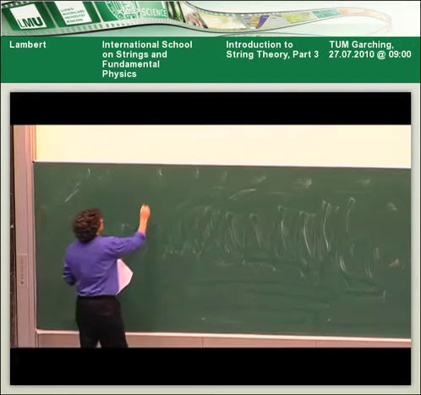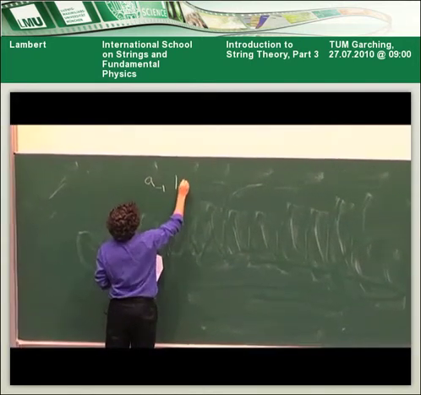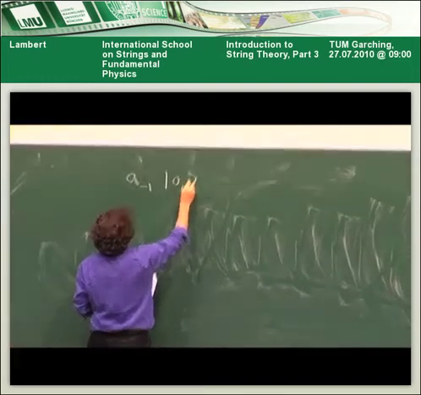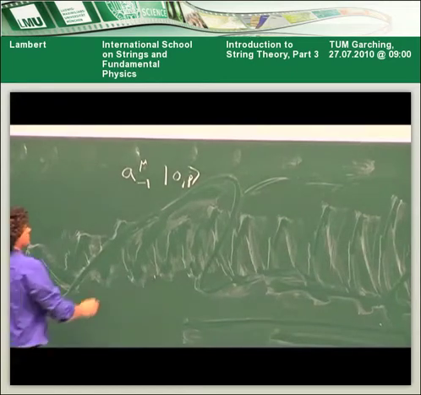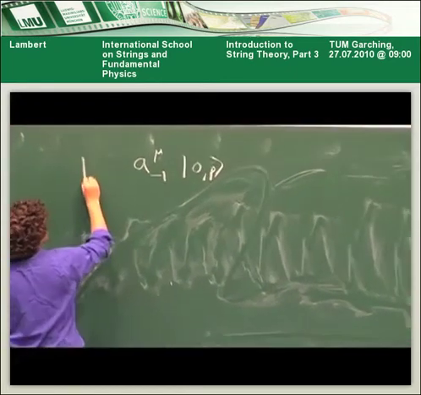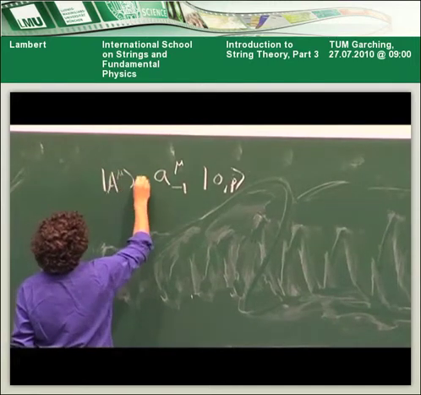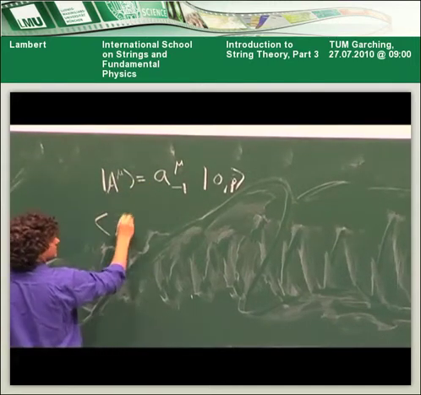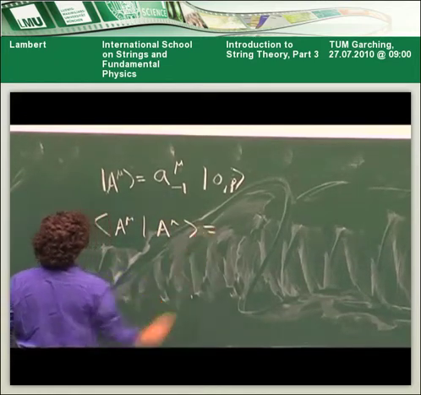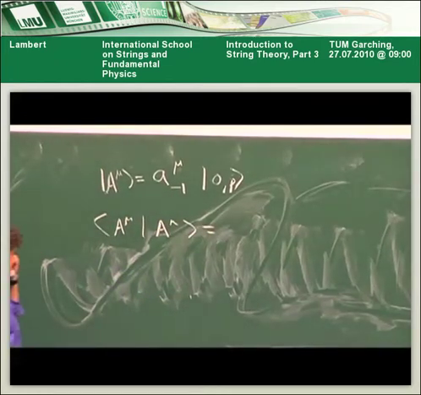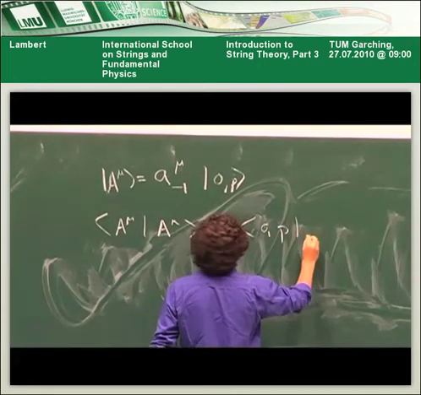So for example, I might construct this state, A minus 1 on the vacuum, with some momentum, with some index mu here. What's its norm? Well, this is called the state, for lack of a better word, A mu. So I'm not summing over any mu index. So take its expectation value, just bracket notation.